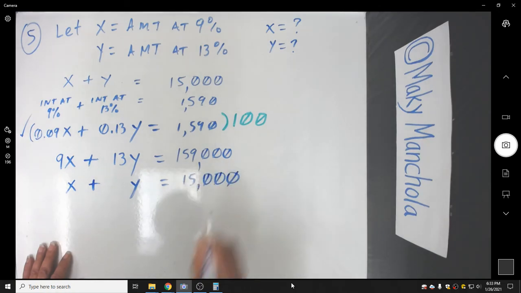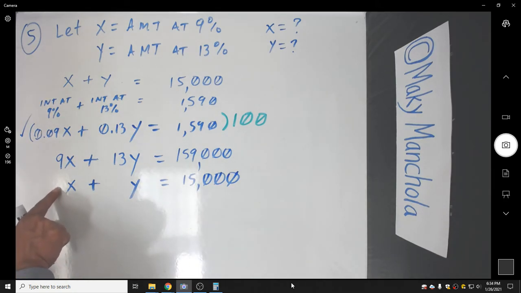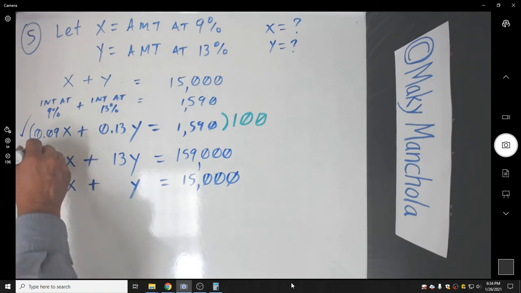Alright, so now we want to solve this system. Let's say that we want to eliminate x. If we want to eliminate x, we need to multiply our bottom equation by -9 to be able to cancel the 9x.